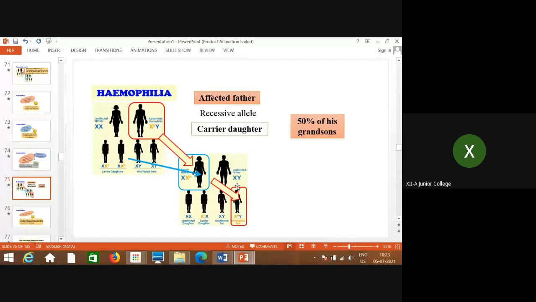That means this gene is crisscrossed. That means from grandfather via carrier daughter it is transmitted to the grandson, and these are the 50% chances.